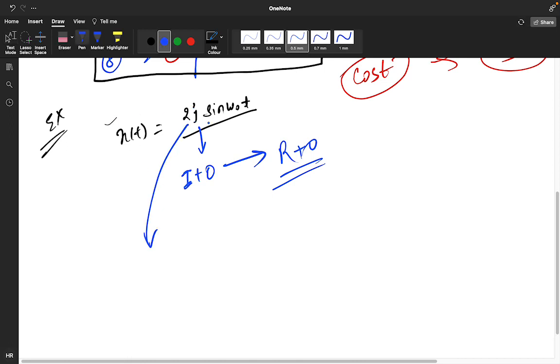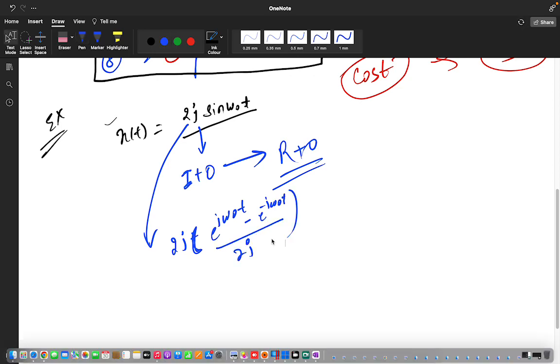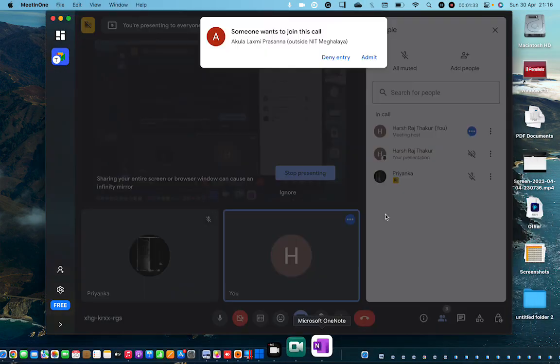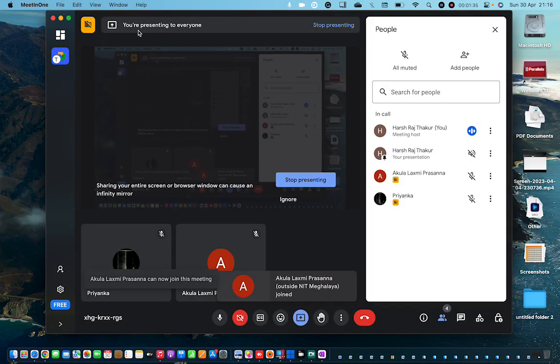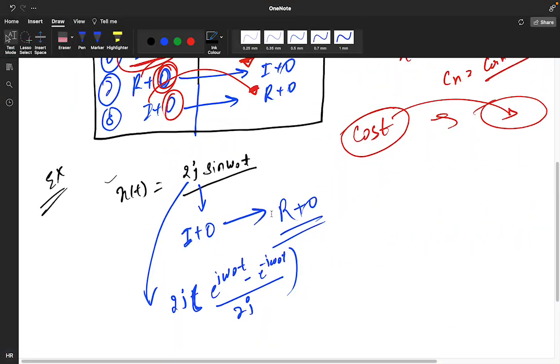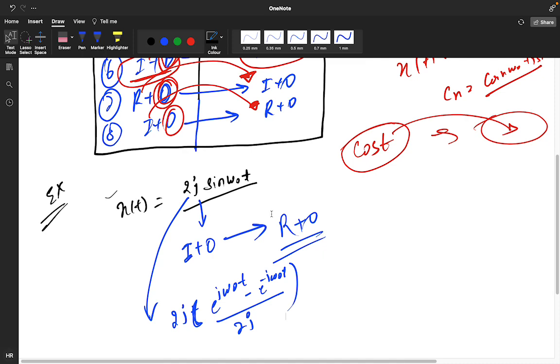If you break 2j sine omega naught t in the form of e power j omega naught t minus e power minus j omega naught t divided by 2j, what I am telling you is, your signal x of t is 2j sine omega naught t.